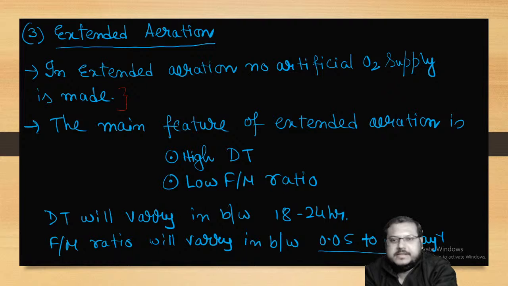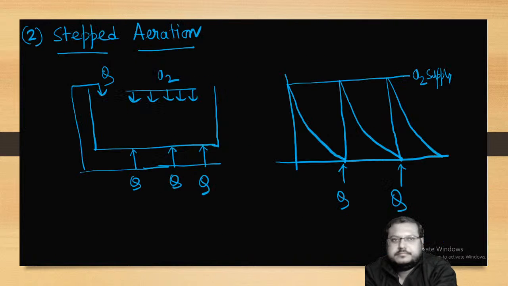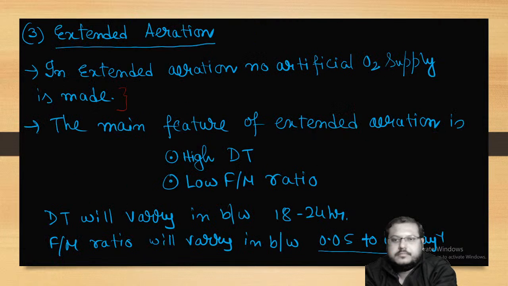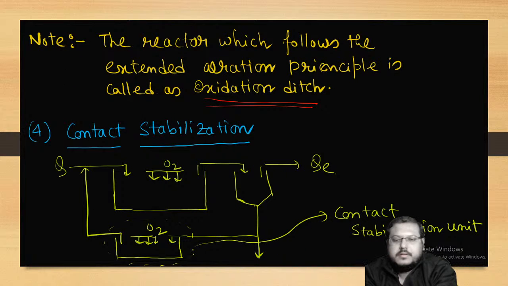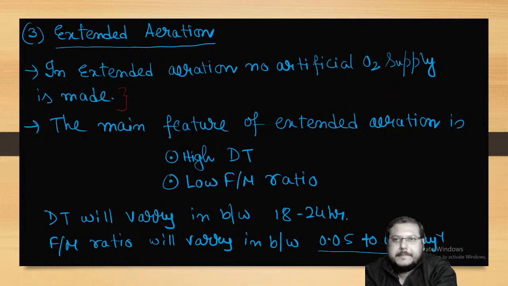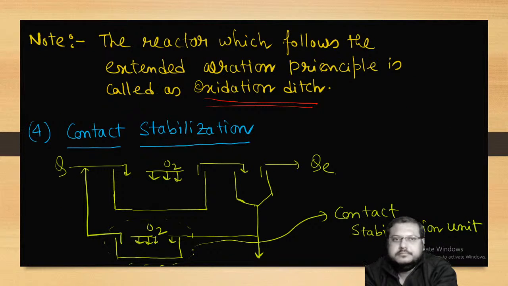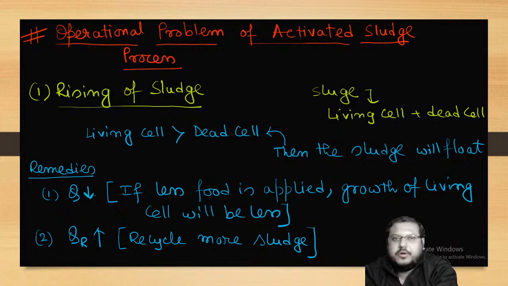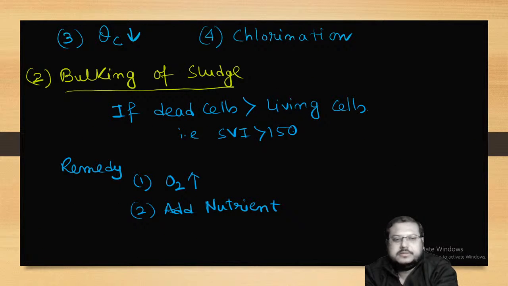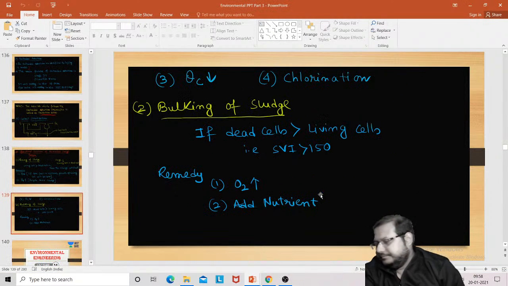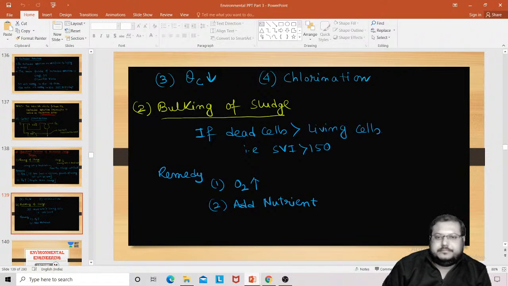This is extended aeration. This is contact stabilization. Operational problems of the activated sludge process, rising of sludge and bulking of sludge, we have discussed. Now we go for the problems.